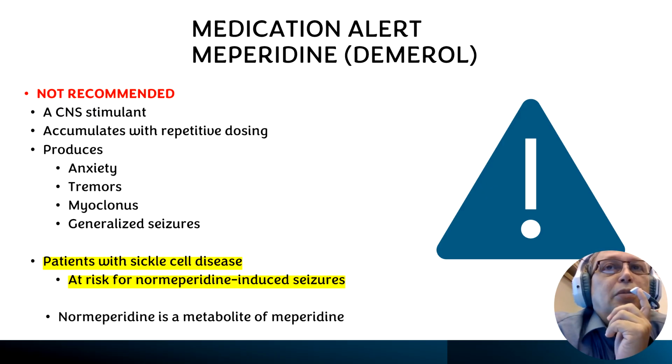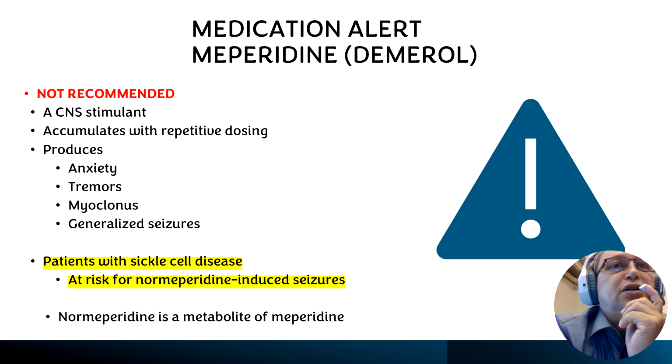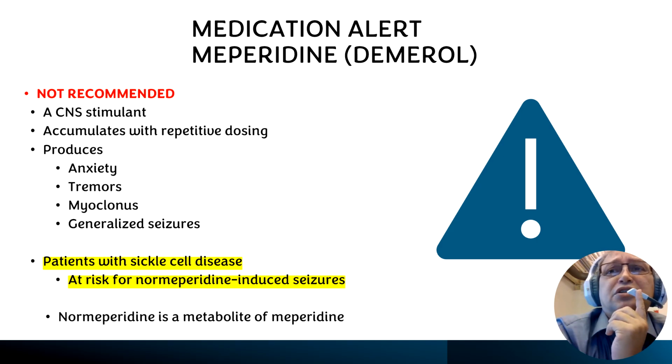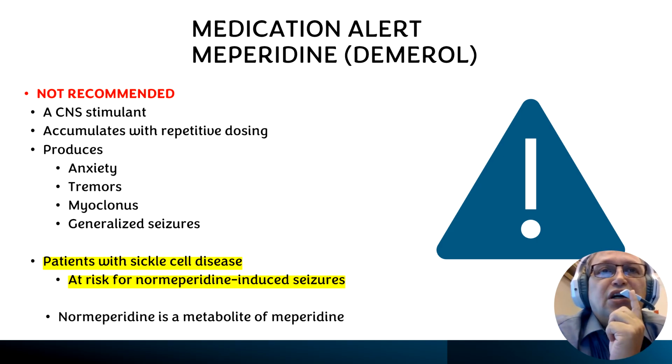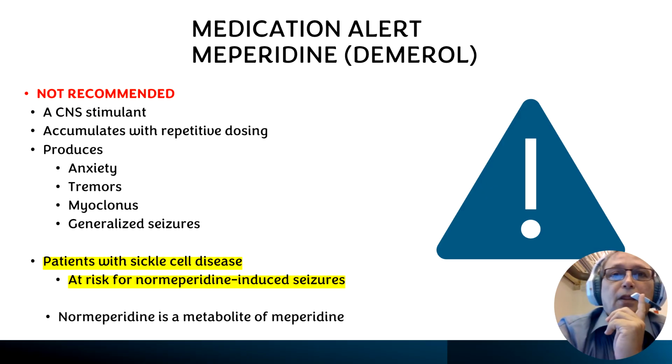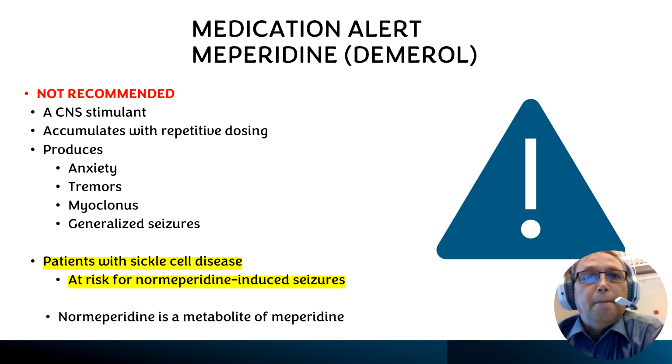We do not give meperidine for sickle cell because it's a CNS stimulant and accumulates with repetitive dosing, so the more we give it, the more it sticks around and can actually produce anxiety, tremors, seizures, and if you're a sickle cell patient, it can actually cause seizures. And normeperidine is a metabolite of meperidine. Ooh, there's a good question. I've got to write that one down. Normeperidine is a metabolite of meperidine.